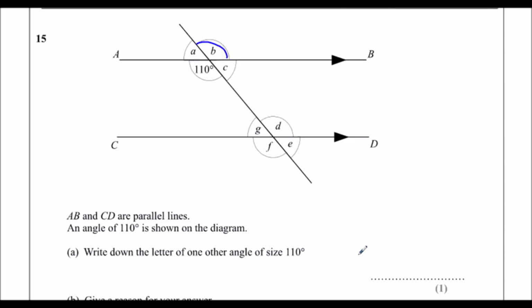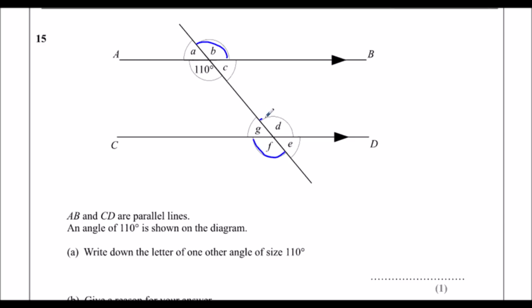So B is 110 because vertically opposite angles, or you could just write opposite angles, are equal. The angle that corresponds to 110, so the same one on the other parallel line, is F. And they're called corresponding angles. So we could have F is 110 because corresponding angles are equal.